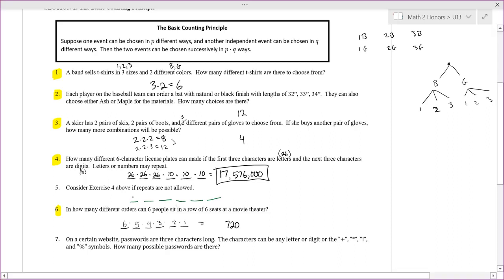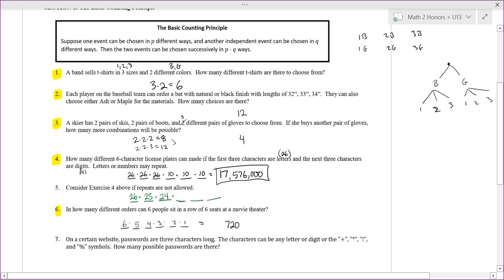So if my first choice is going to be a letter from the alphabet, there's 26 options that I have, but I've already picked one for my first, so when I pick my second letter, I can't pick whatever I picked first, so now I only have 25 options. When I pick my third letter, I've already picked 2 of the 26, so now there's only 24 options left.